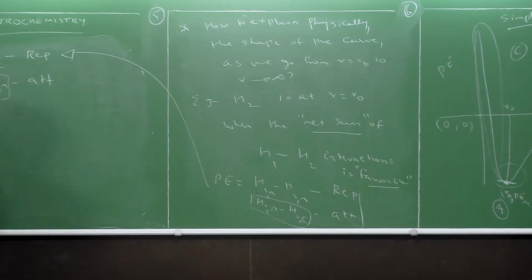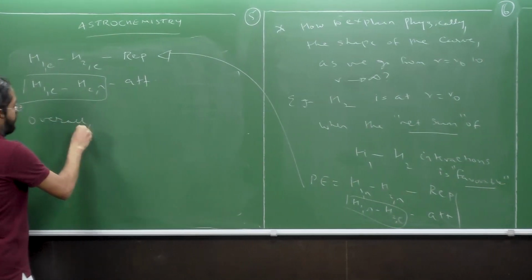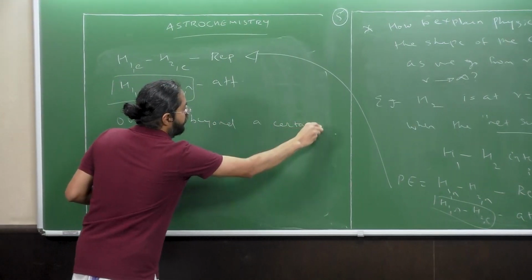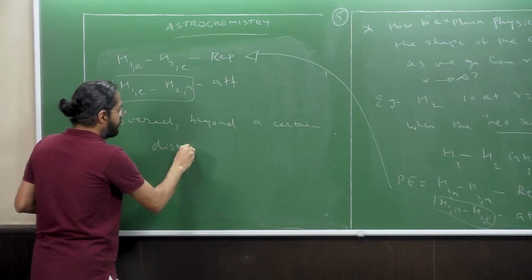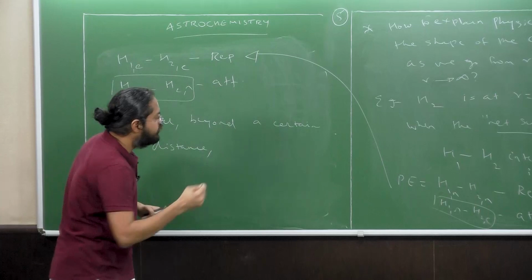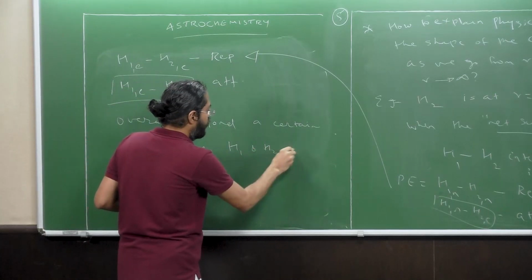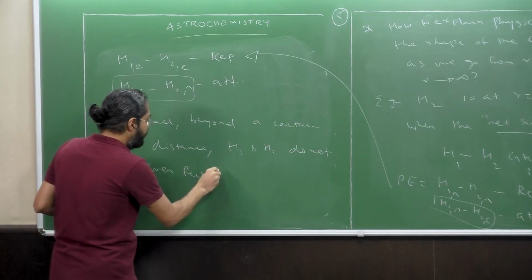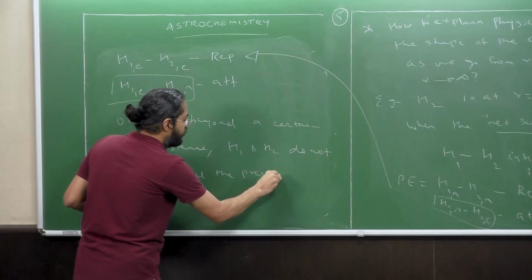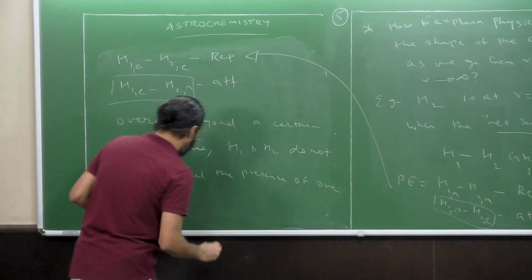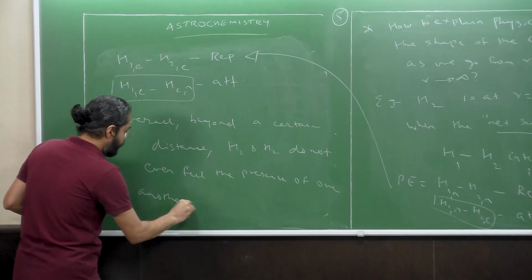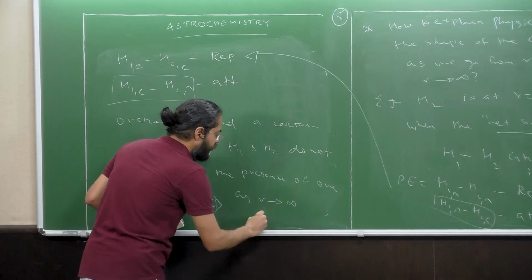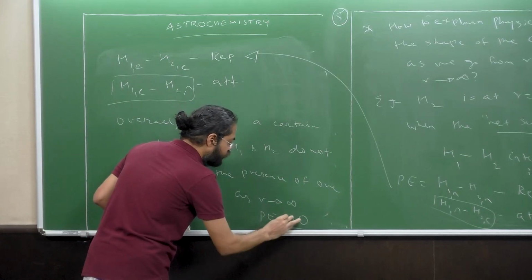So overall, beyond a certain distance, H1 and H2 do not even feel the presence of one another, which explains why as R tends to infinity, the potential energy tends to 0.